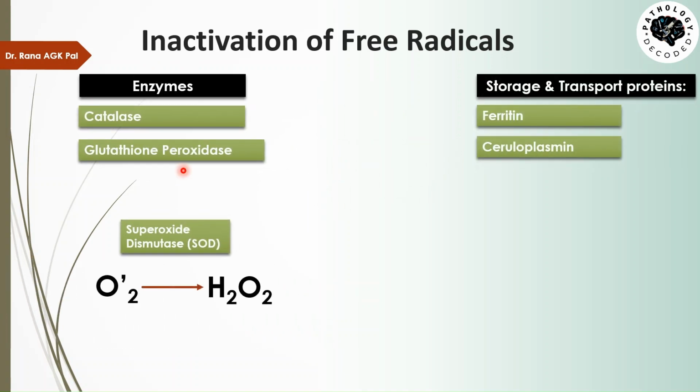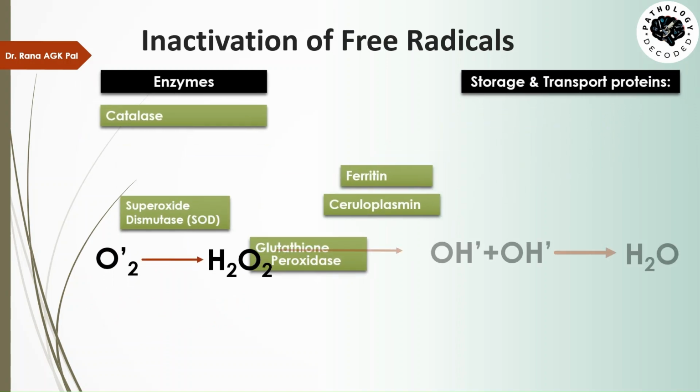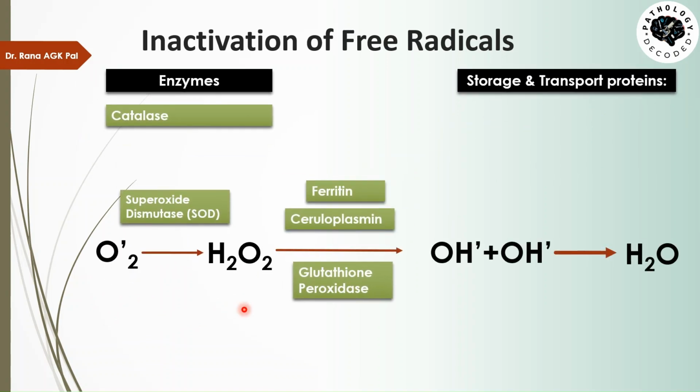Then enzymes. An important one among them is the superoxide dismutase enzyme. This enzyme causes conversion of superoxide ion to hydrogen peroxide. Then this hydrogen peroxide is further broken down into hydroxyl ion by ferritin, ceruloplasmin and the enzyme glutathione peroxidase.